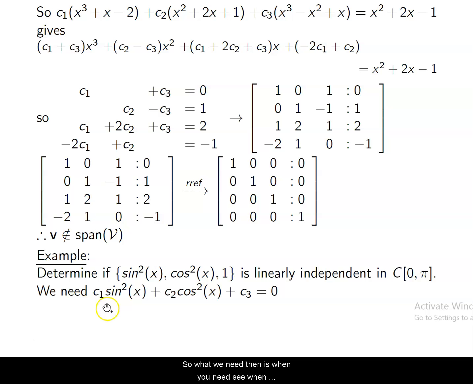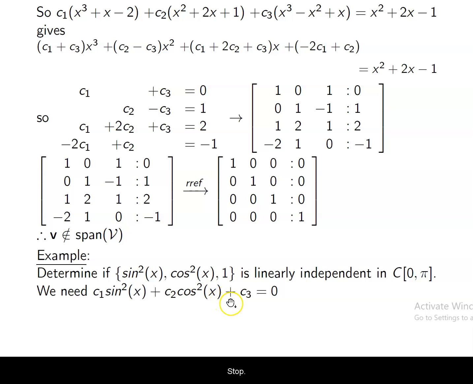So what we need then is C1 times our first vector plus C2 times our second vector plus a constant times our third vector equaling 0, because 0 is the 0 vector for functions. Okay, you add 0 to any function, you'll get that exact function out. So 0 is our 0 vector in the function world and the polynomial world as well, right?